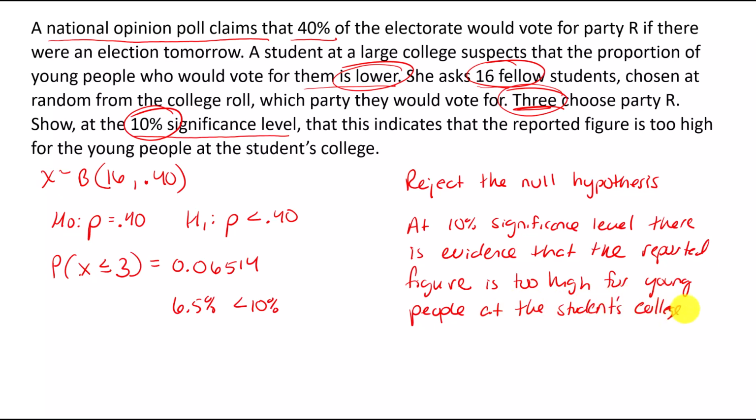And that's just taking the information from here, what they're saying. So we were asked to show at 10% that this indicates that the reported figure is too high for young people at the student's college. So I just took that wording, okay? But you need to make a statement.